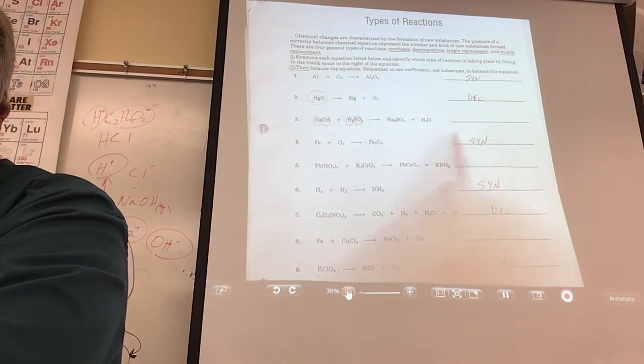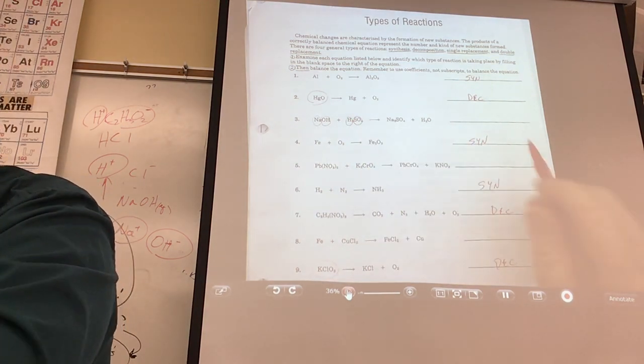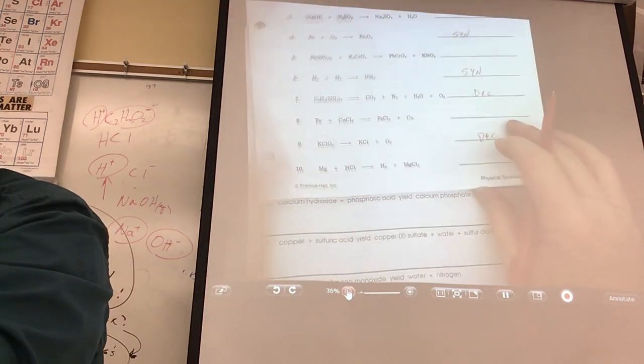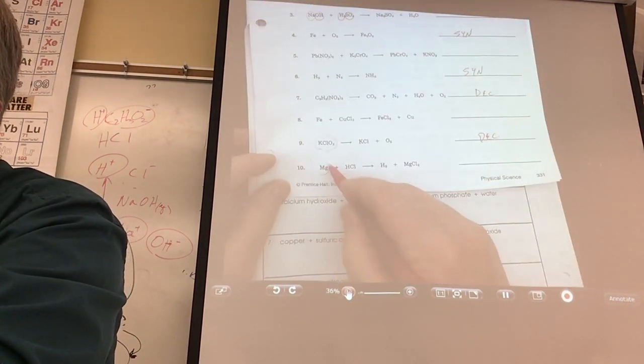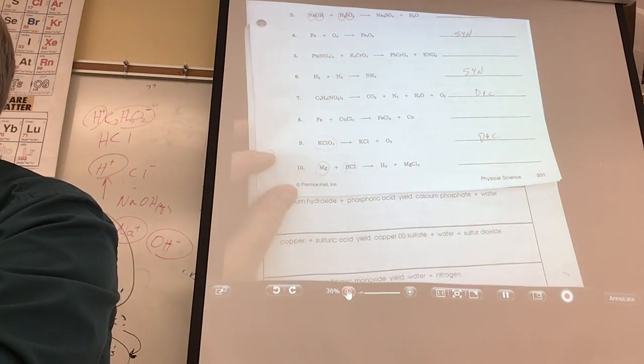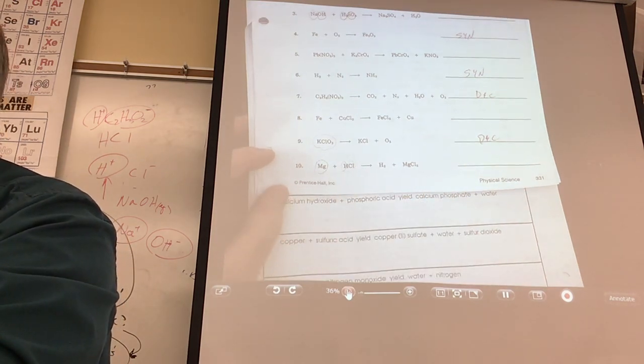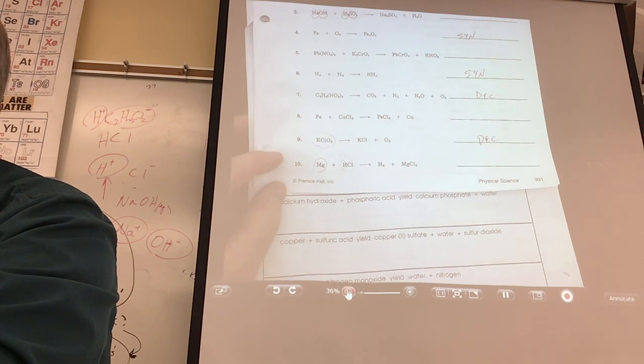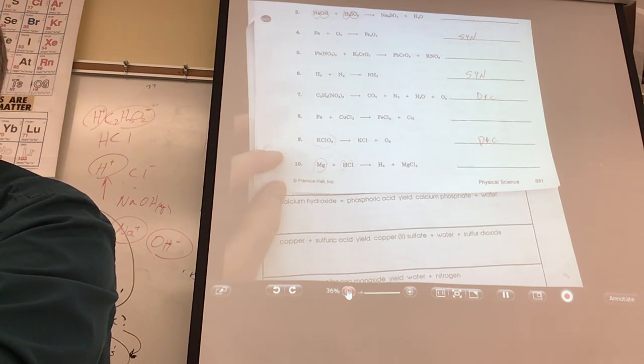Let's go to another one. Layla. Number 10. Let's go to 10. Now here I have A plus BC, and who's going to kick out who? Is magnesium going to kick out H or Cl? And in an ionic compound, who's always written first?